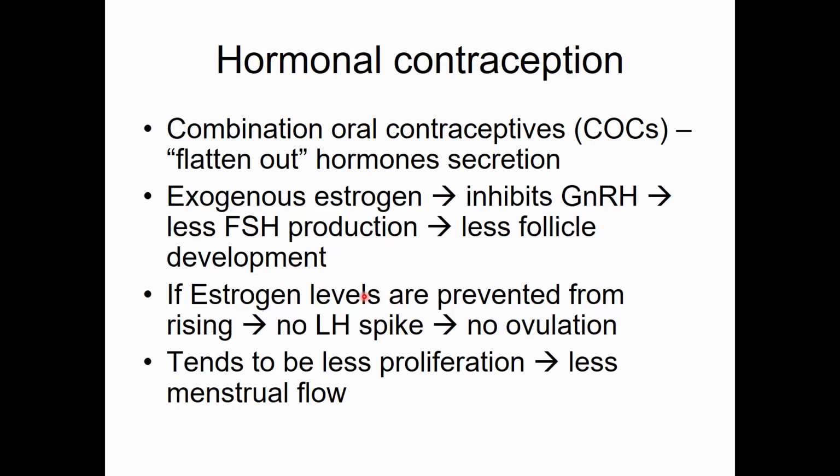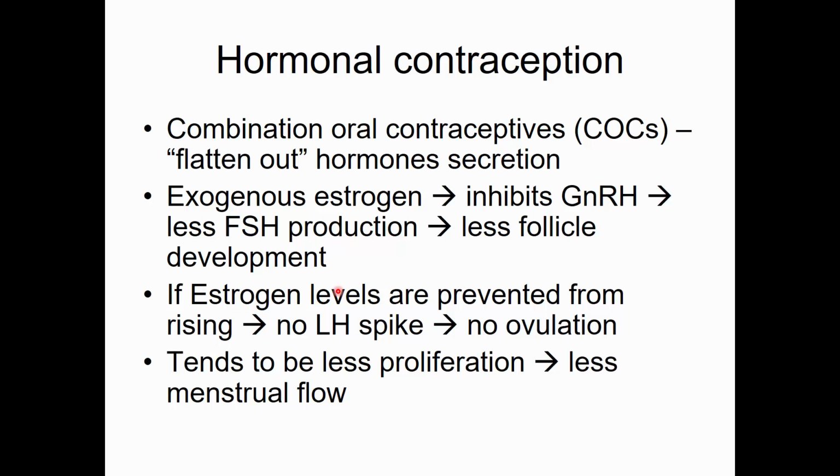If there's less endogenous estrogen, there's not the big rise in estrogen. There's not a high enough estrogen level for an LH spike. If there is no LH spike, there is no ovulation, and there is no oocyte for the sperm to fertilize, and therefore there's contraception.